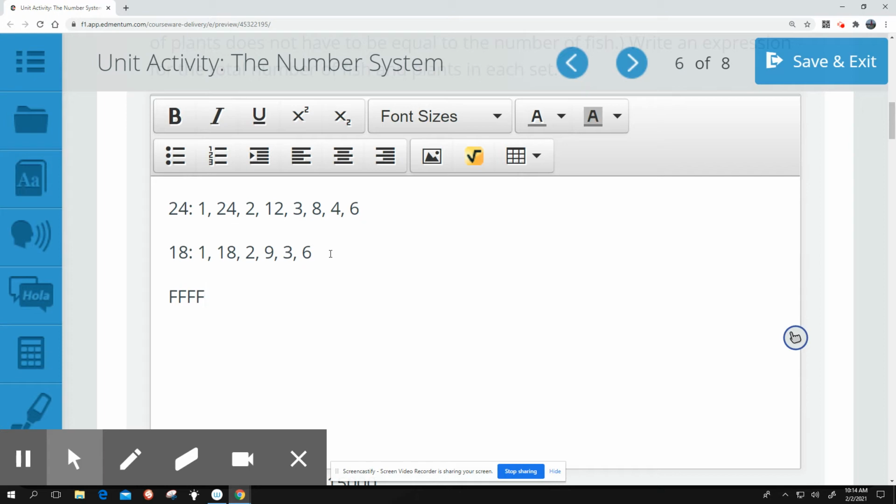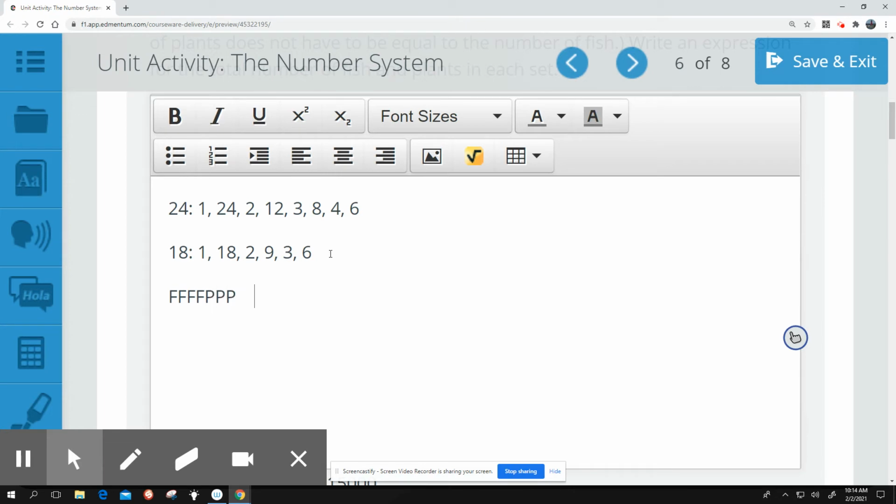So how much in each group? I have 18 total plants. I need to make 6 groups. How many plants are going to be in each group, Natalie? 18 divided by 6 is 3. So I'm going to have plant, plant, plant.